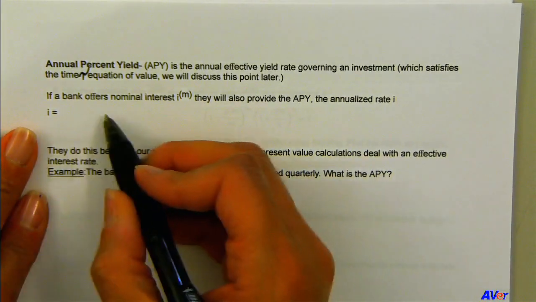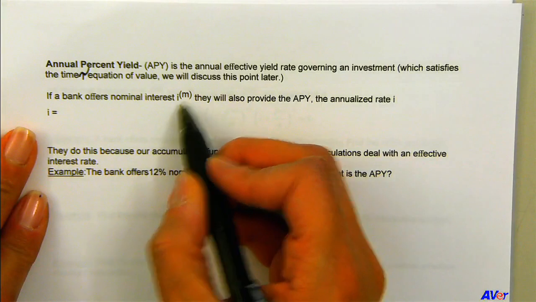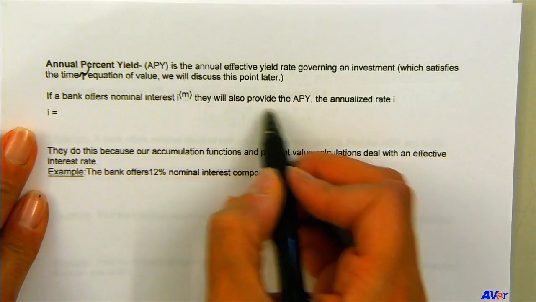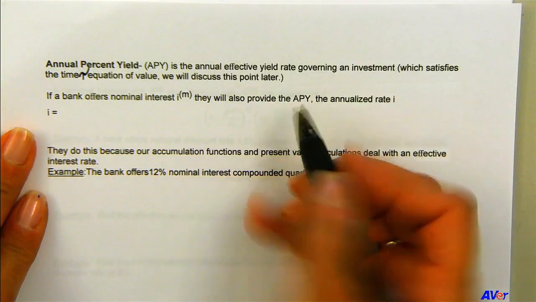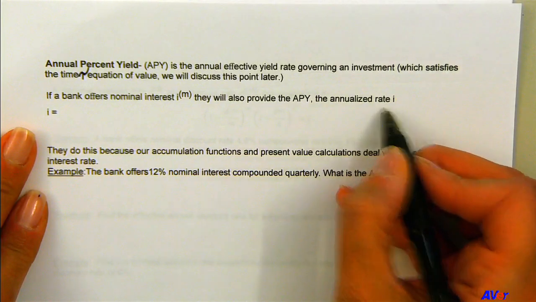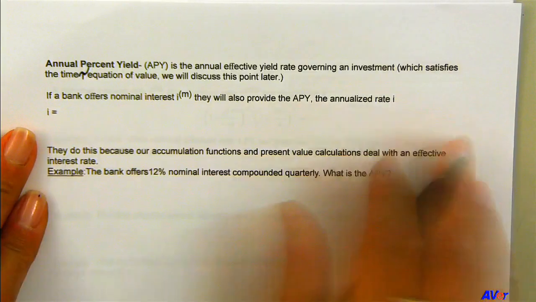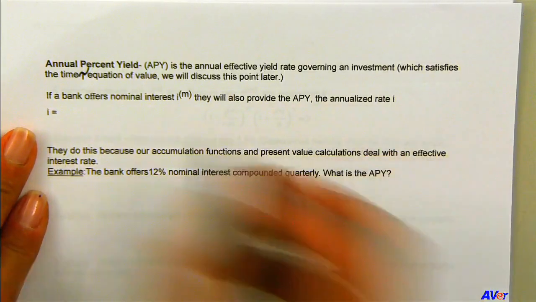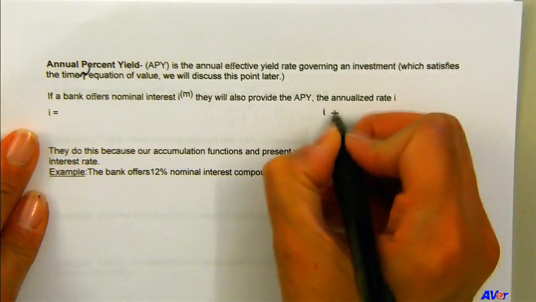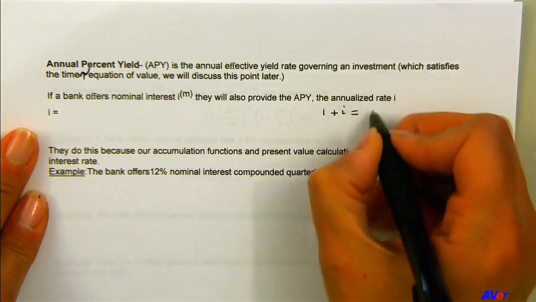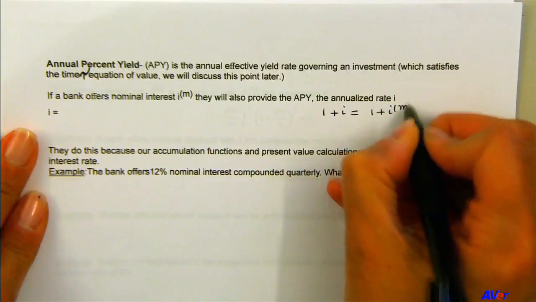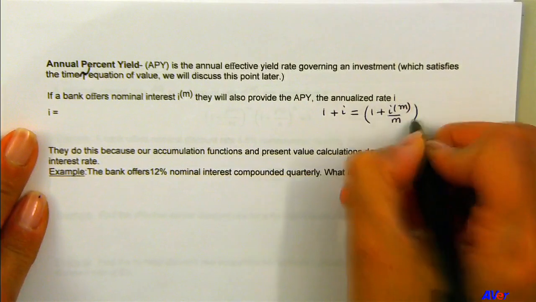If a bank offers nominal interest i^(m), they will also provide the APY, which is the annualized rate i. In other words, we know how to convert i^(m) to i, right? What is the formula? The formula is 1 plus i equals (1 plus i^(m) over m) to the mth power.